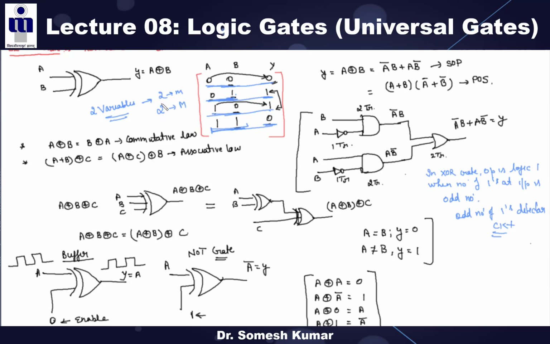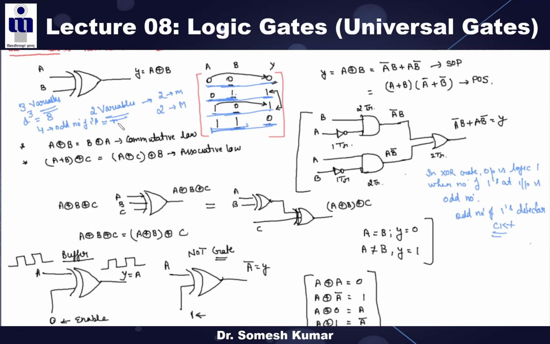Clear? So for the three variables, can you please tell me how many rows have an even number of ones? How many rows have an odd number of ones? For three variables, the possible combinations are 8. So we can say 4 rows have an odd number of ones, right? If there is an odd number of ones, those are your what?